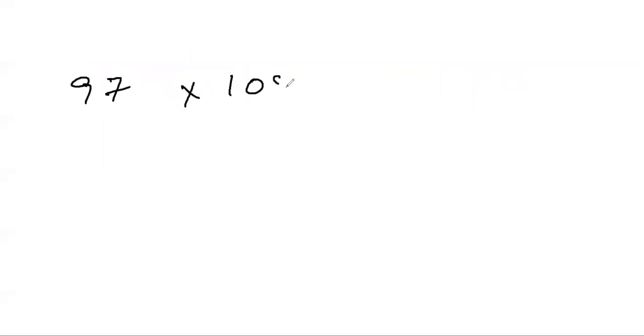97 into 105 is there. What we will do? This is minus 3. Why? Because 97 minus 100 you have to do. Don't write plus 3 here. Are you understanding this one? I think you are following it. Then this is minus 3, this is plus 5. Last two digits: 5 into 3, 15.